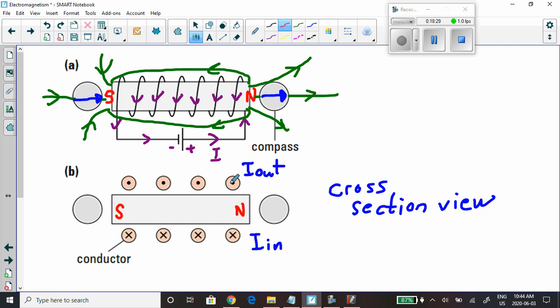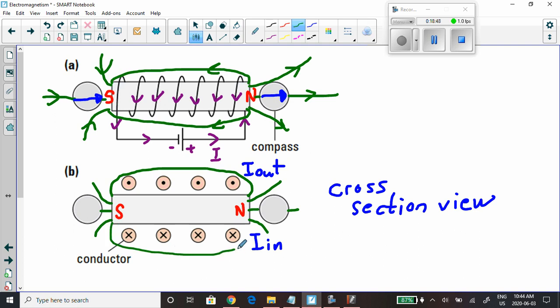And then we're going to draw magnetic field lines. Magnetic field lines for a coil are very much like the magnetic field lines of a bar magnet. Kind of looks like this. I don't want to overcomplicate my drawing here. All right. The other thing you have to remember is magnetic field lines always leave the north.